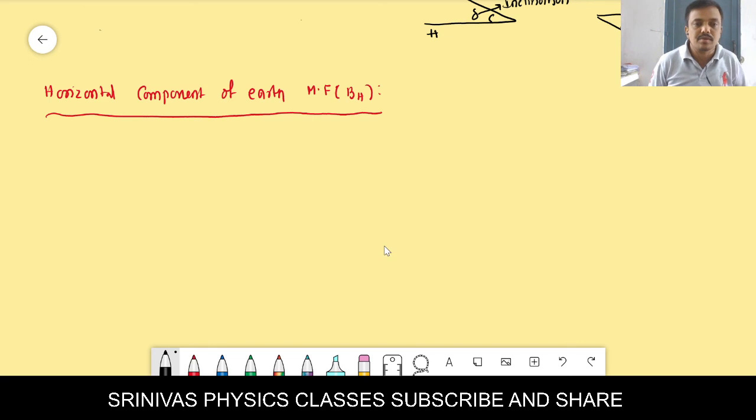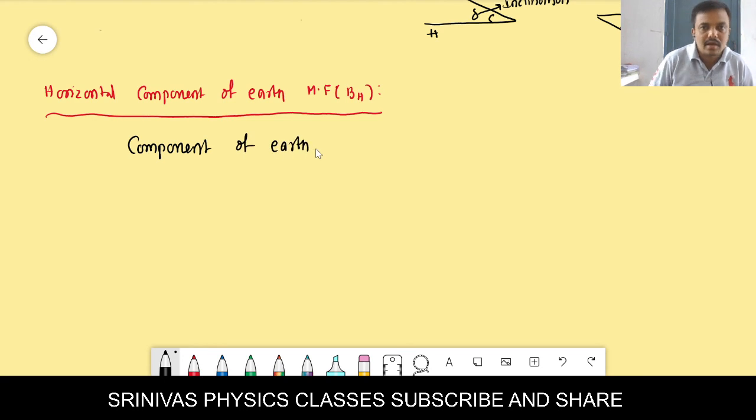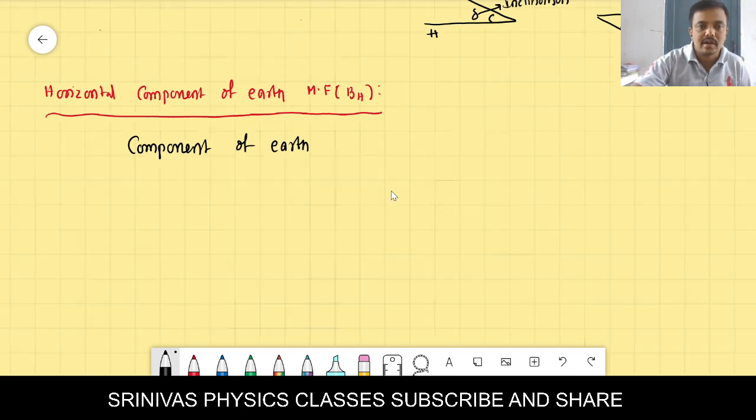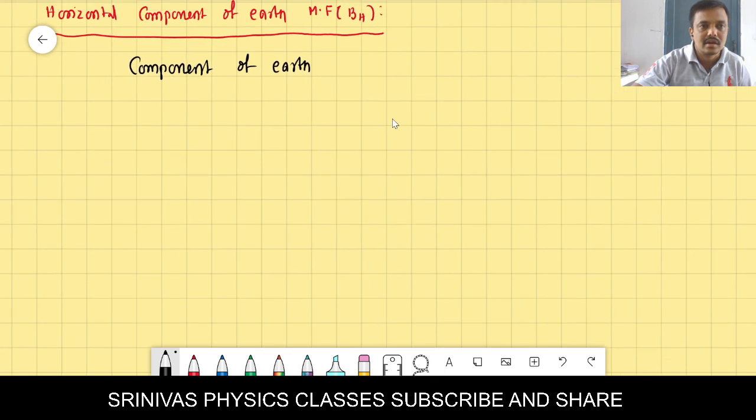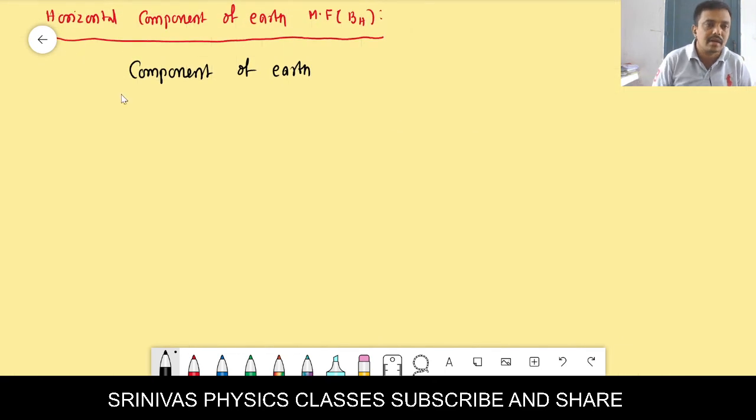It is very simple. It is the component of earth magnetic field along the horizontal, and that is called the horizontal component of earth magnetic field. This is the third point, right?